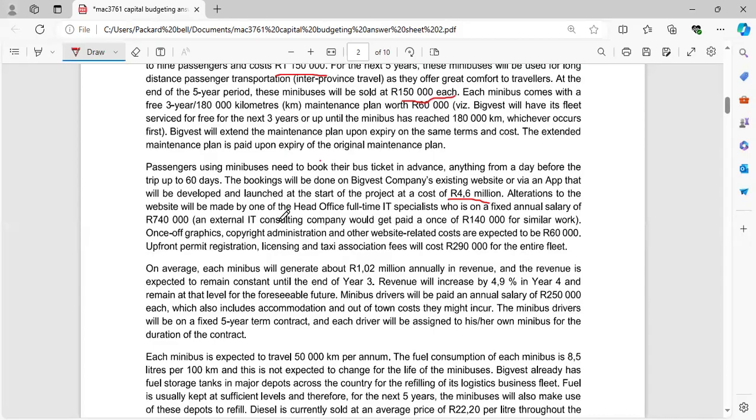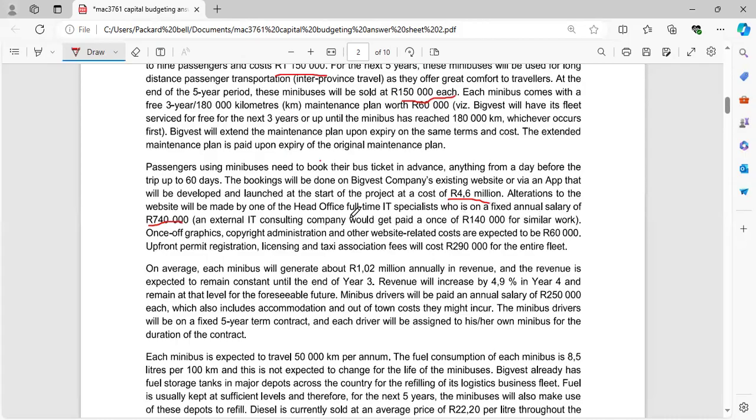Alteration to the website will be made by one of the head office full-time IT specialists who is on a fixed annual salary of 740. Then an external IT consulting company would get paid a once-off 140,000 for similar work.